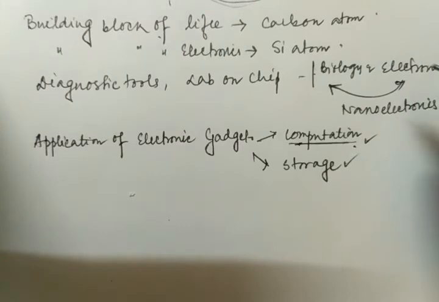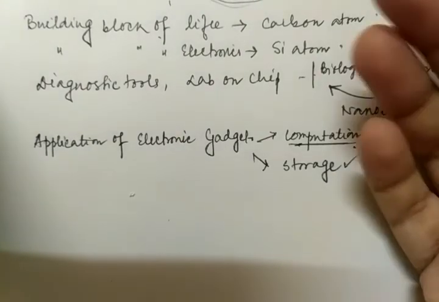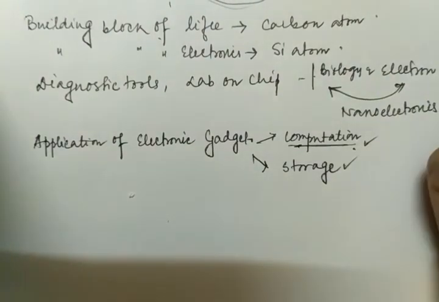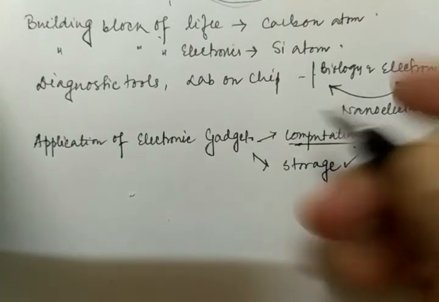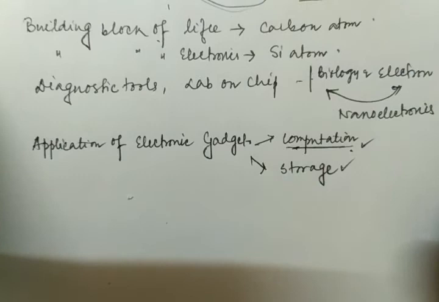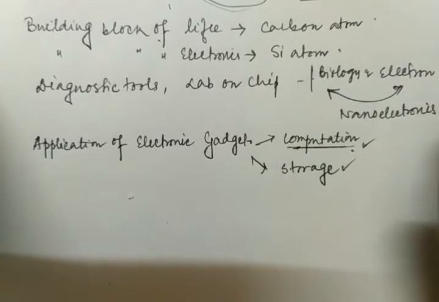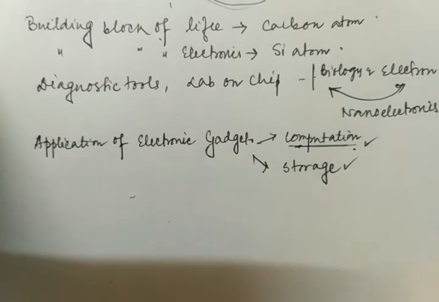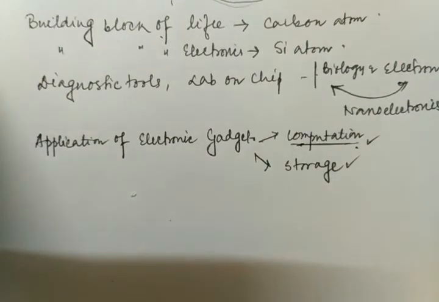Computation means microprocessor, microcontroller, DSP chip, networking analysis, everything. And storage means SRAM, static RAM, dynamic RAM, flash memory, cache memory, that we have already covered in our previous semester, that is microprocessor.